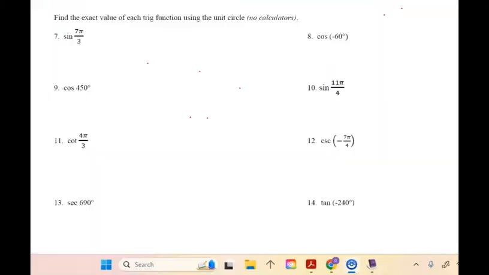Okay, so I've got a unit circle pulled up, and I'll just flip back and forth so we can take a look at it together. Your ability to fill out the unit circle and use it will be very key to answering these 8 problems on your test. So for number 7, I would always look at these improper fractions in terms of mixed numbers.